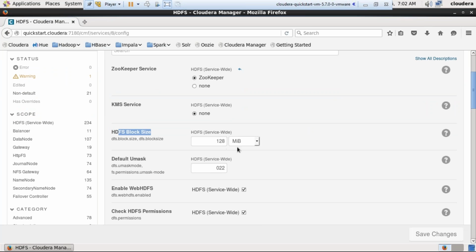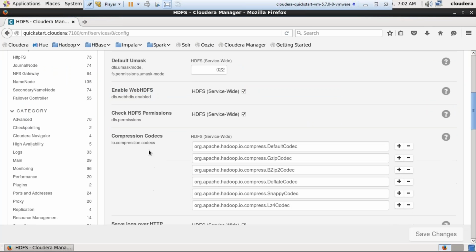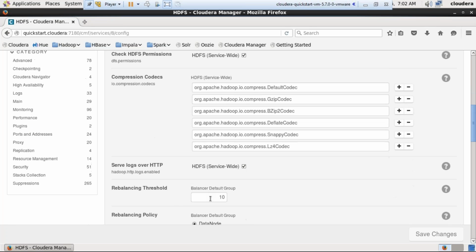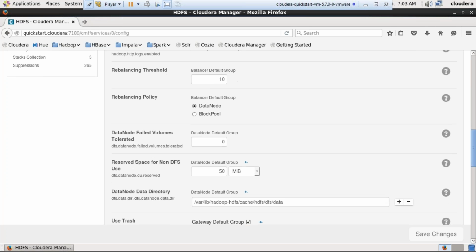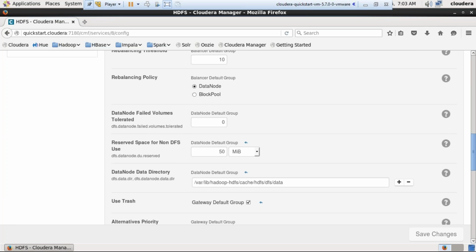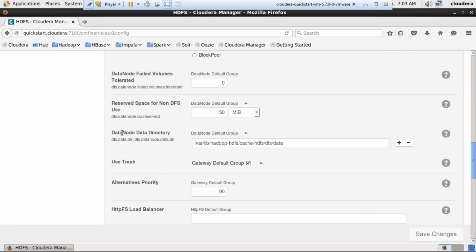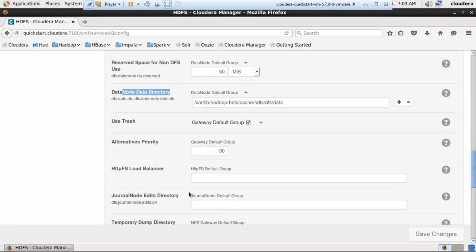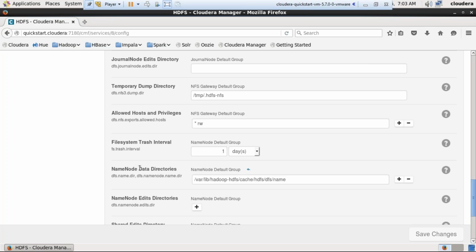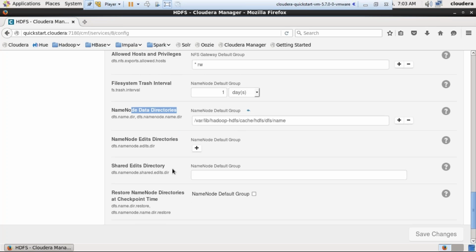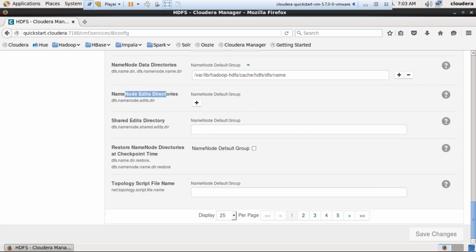These are the compression codecs that are possible. And this is my data node data directory. I'll be showing these things, journal nodes and all. Name node data directories. Name node edit directories. If you want, you can specifically configure that one.